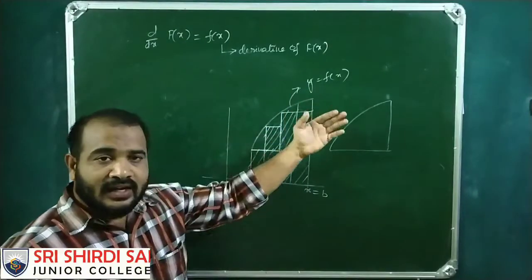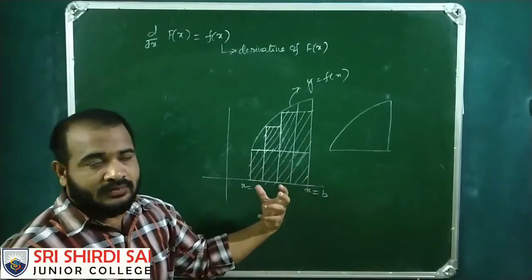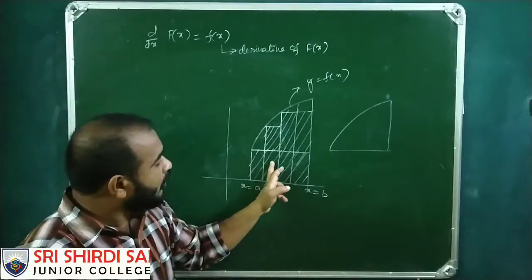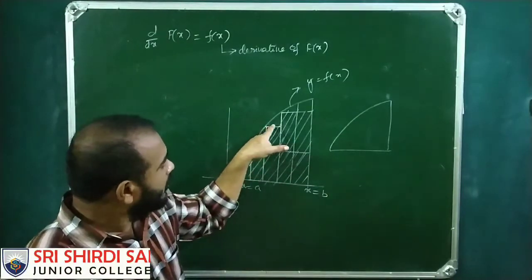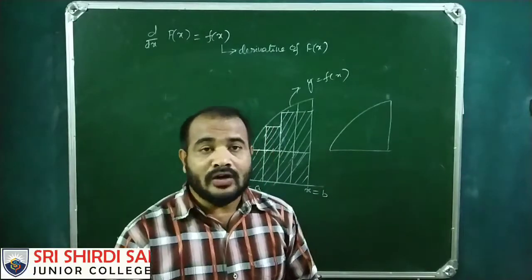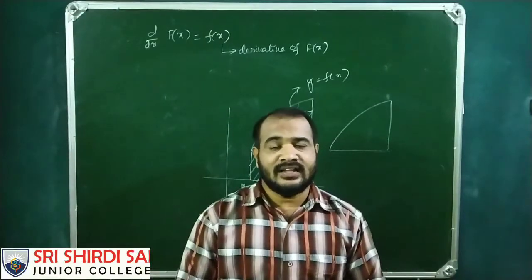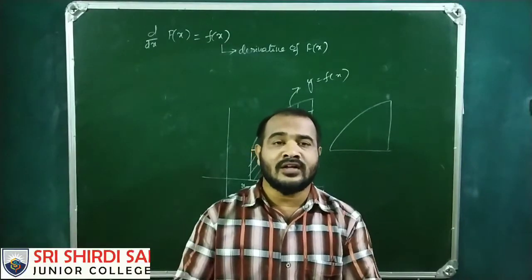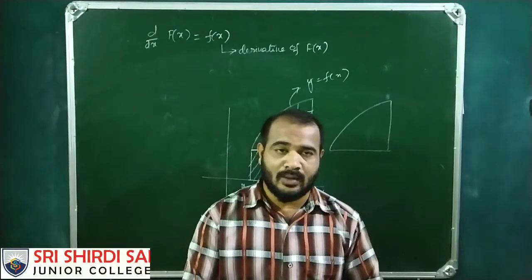Compared to the earlier, more improvement has come out, and this time I made 4 rectangles. Therefore, only this part has been missed out. So we got an idea that if we keep on increasing the rectangles, then more improvement in terms of rectangle areas is coming out.